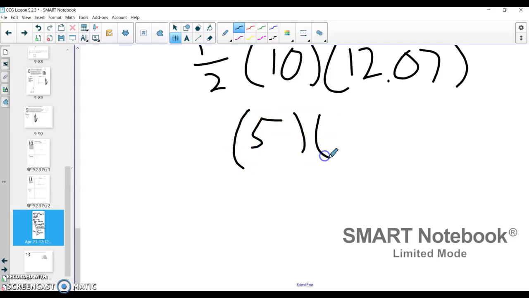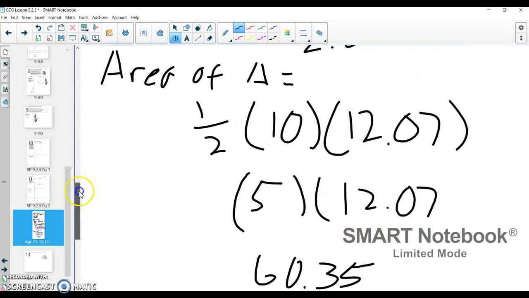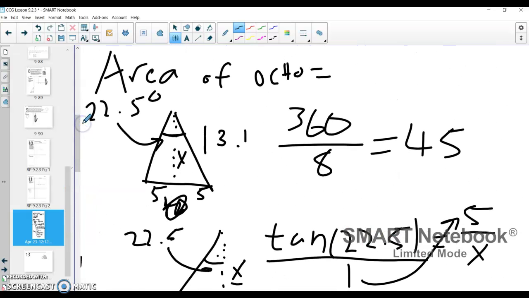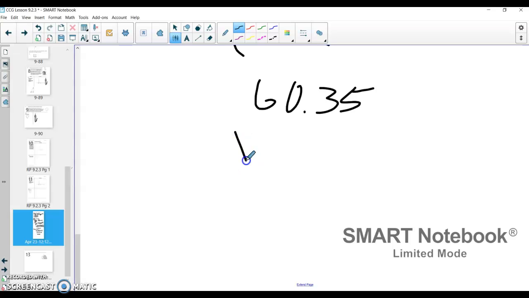So 5 times 12.07, and when I do that in my calculator, I get 60.35 as the area of one triangle. But that octagon is made up of 8 triangles, so we multiply this by 8.